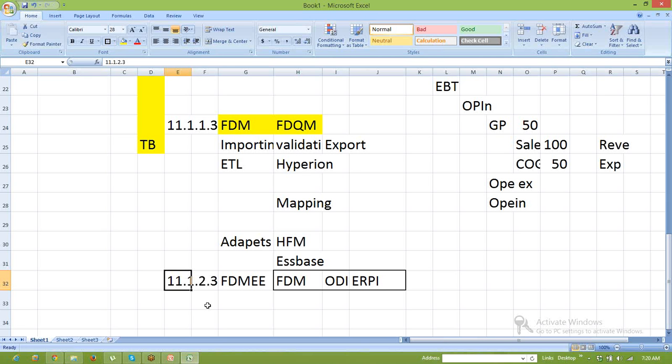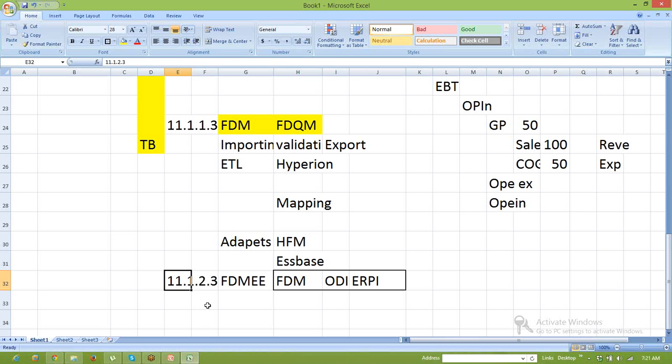Most of the clients are not using ODI, right? Yes, but the product is coming from Oracle, so it has to be used somewhere. If they are giving it in FDM E, we have to learn ODI also in the meantime. We should have some idea of ODI also, right? In the past, when they were selling FDM, were they selling ODI with it also? Yes.